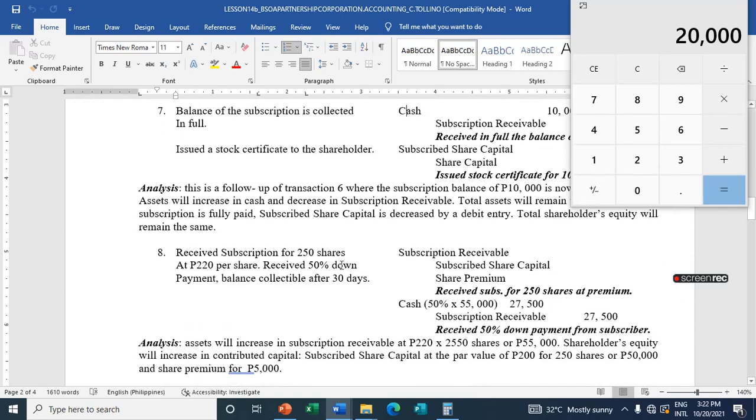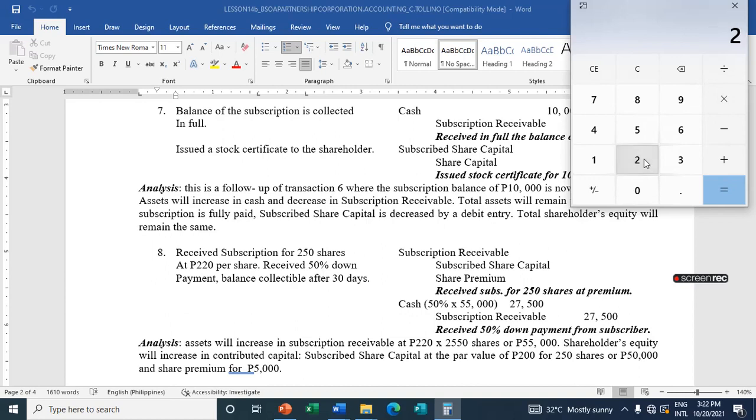Ayan, receive subscription for 250 shares at 220 per share. Ayan. So, receive 50% down payment, balance collectible after 30 days. So, ang subscription mo, sabi dito, naka-receive siya ng subscription for 250 shares.